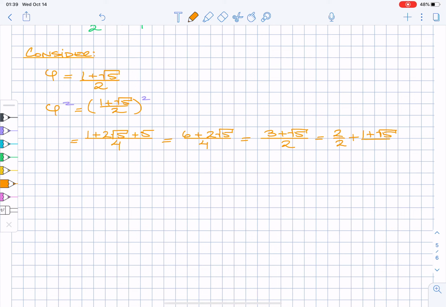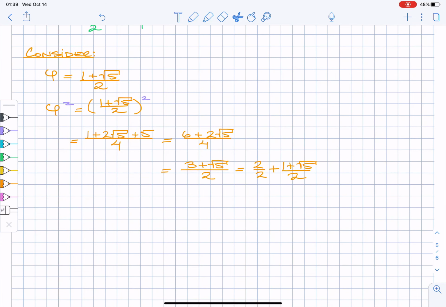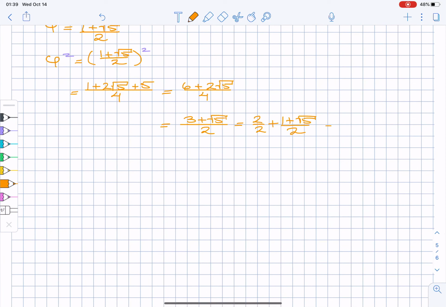Agreed? And when I do that, I get that this is equal to 1 plus phi.